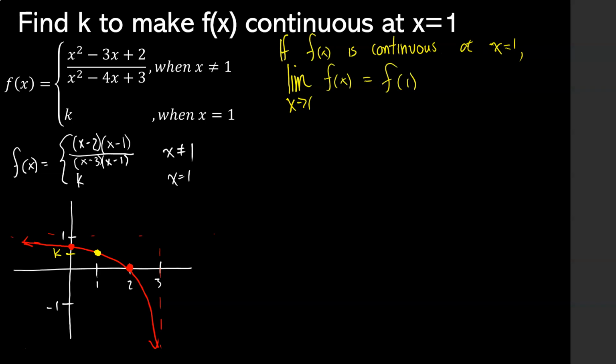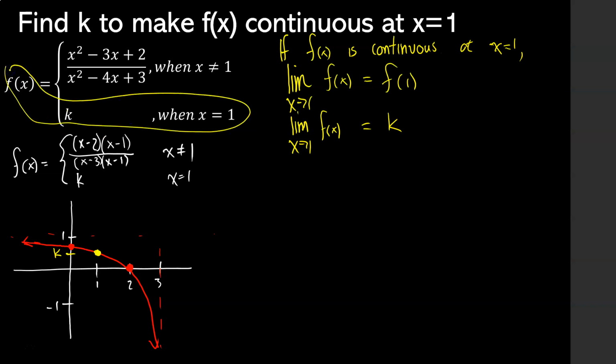I don't know how that's going to help me. Oh, when x equals 1, f is equal to k, right? That's what it says. So I can make that substitution. We'll just leave the limit as x approaches 1 of f is supposed to be equal to k.